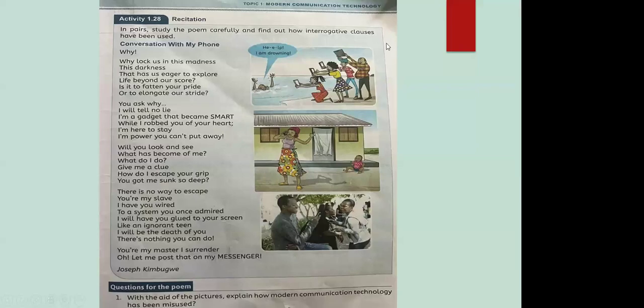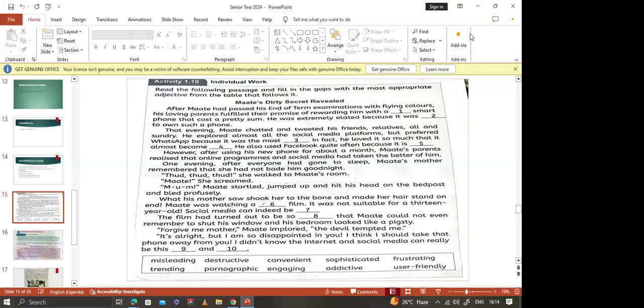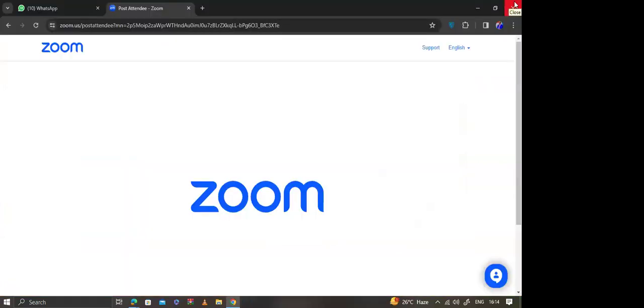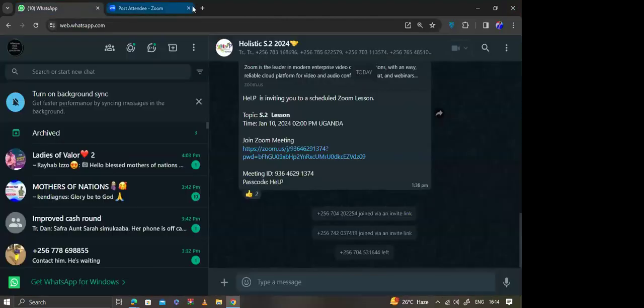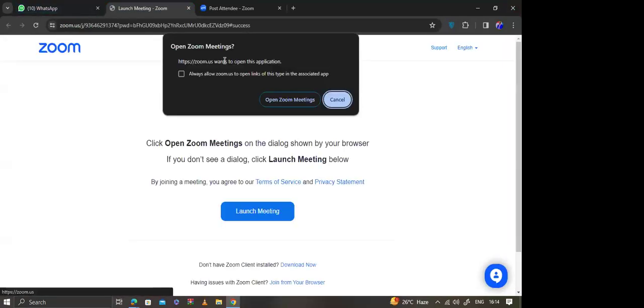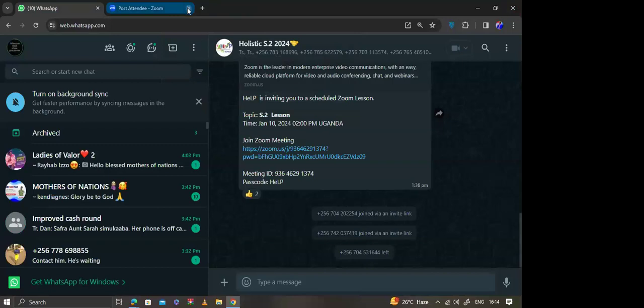Yes, the chat is disabled. Can you please enable it now so that we have people use this? Let's see. Is it enabled now? No, ma'am. You can go and enable it.